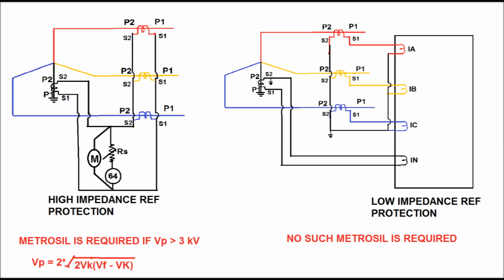So VP is the peak voltage developed under internal fault condition, which is given by the equation VP is equal to 2 into root over of 2 Vk into (Vf minus Vk). Vf is the voltage developed under internal fault condition. But in case of low impedance REF protection, no such Metrosil is required.